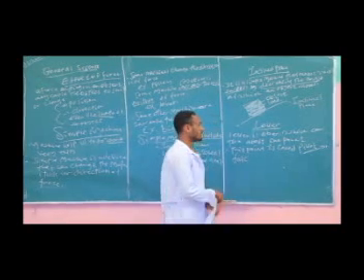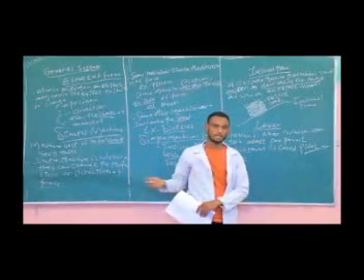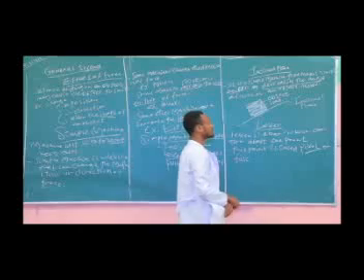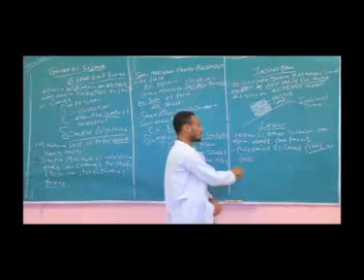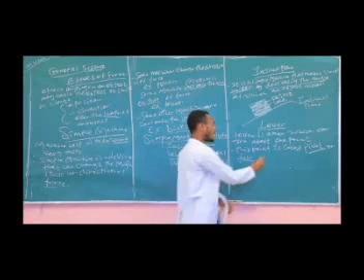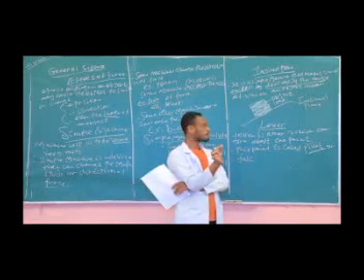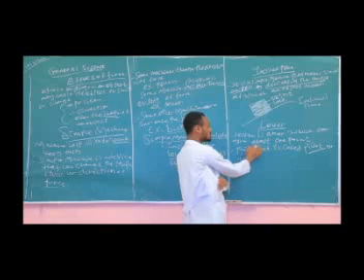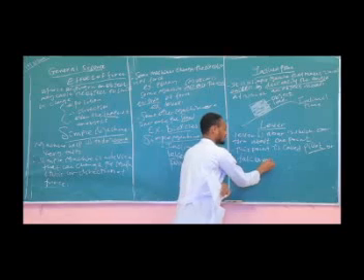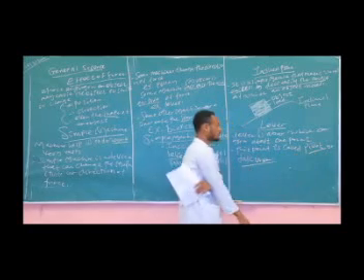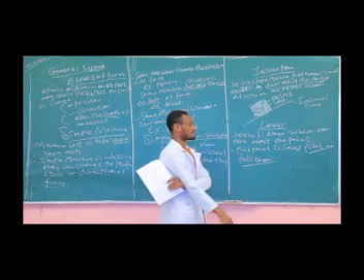Now we say that the lever also is a type of simple machine, the second type. So look, a lever is a bar which can turn about one point. This point about which the bar turns is called a pivot or fulcrum. The fulcrum or pivot is the point at which the lever turns.